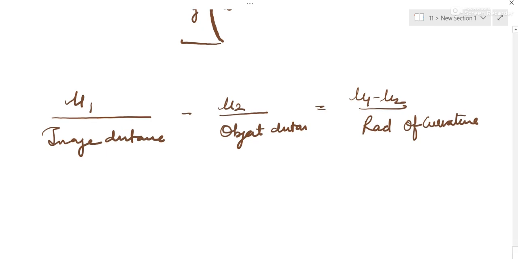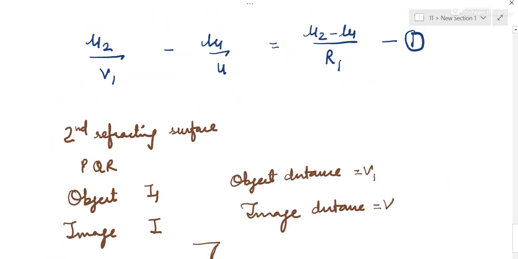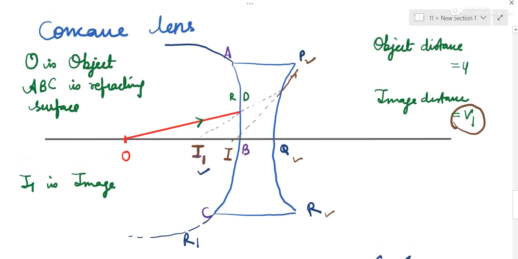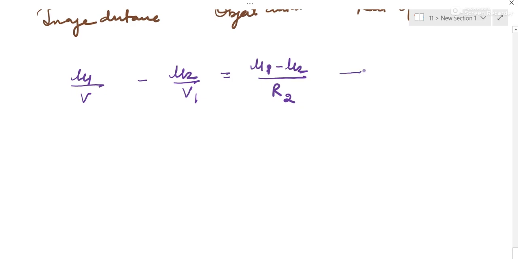Let us substitute the values. mu1 by image distance is mu1/v, minus mu2/v1, equals (mu1 minus mu2)/R2, the radius of curvature of the second surface. Somewhere the center will be there. This is R2. This is my second equation.